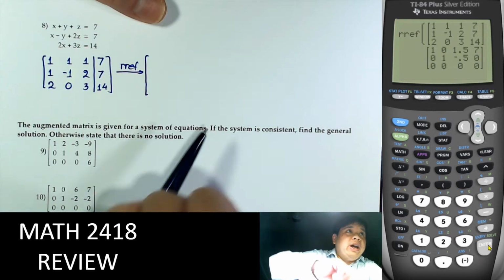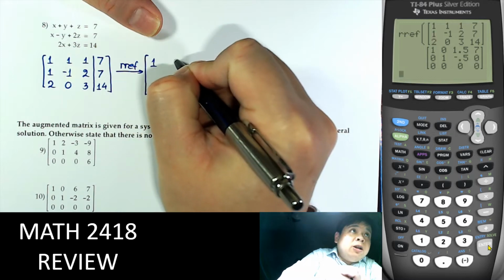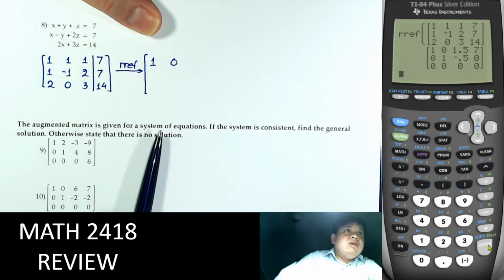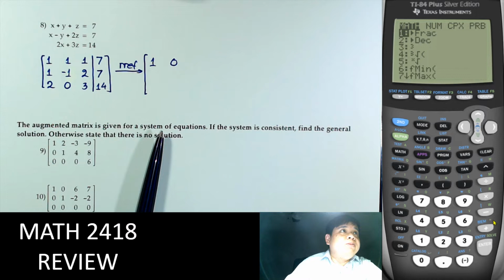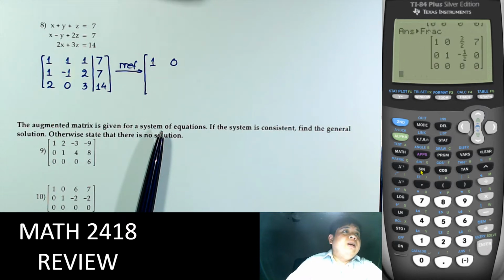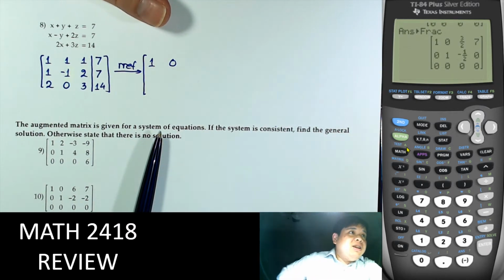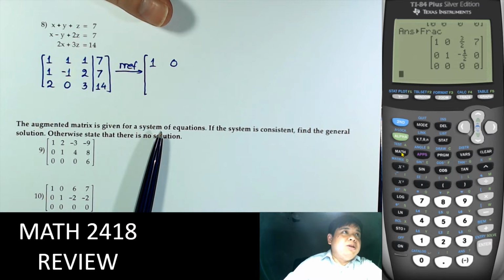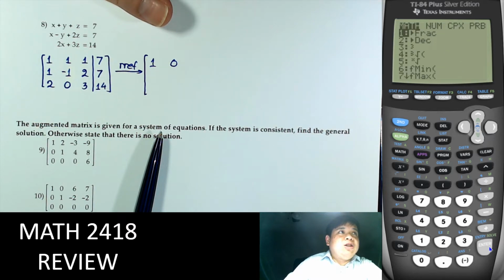Right, so that's what we have. 1, 0. Of course, we should change this to fraction. Hit math and then enter 2 times. Again, go to fraction.